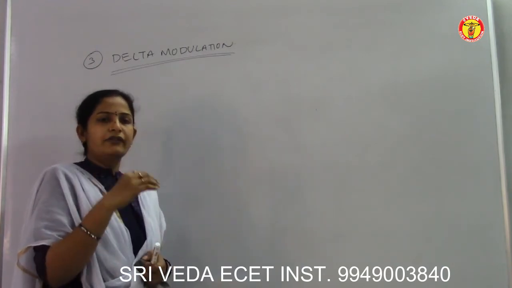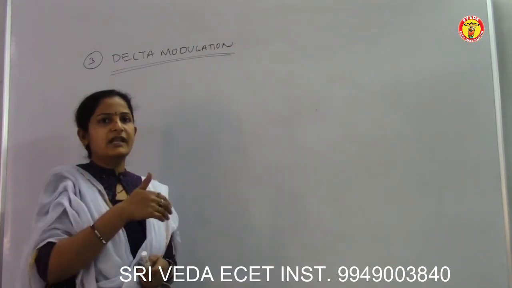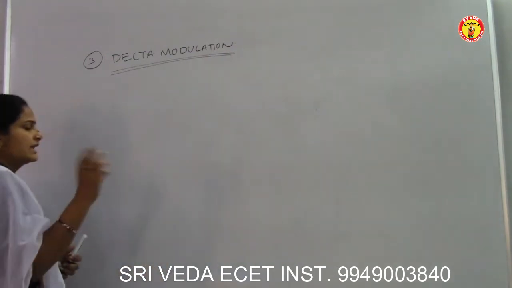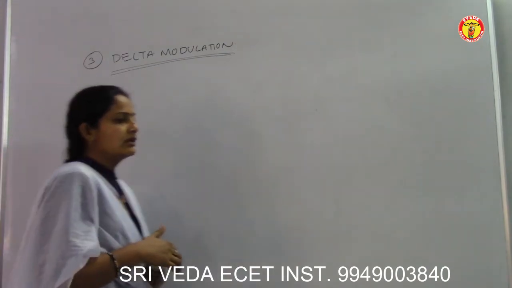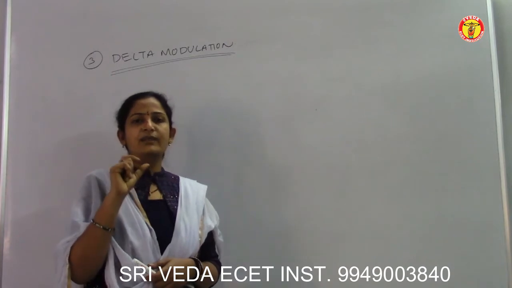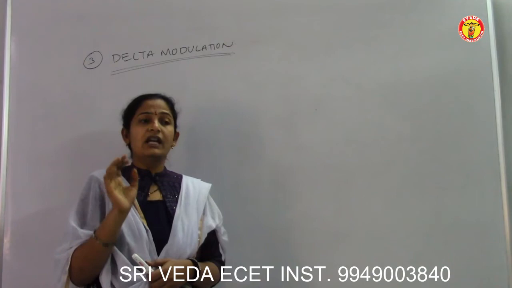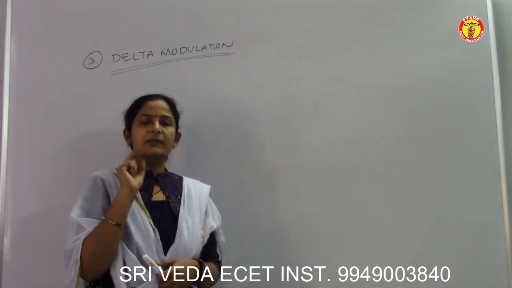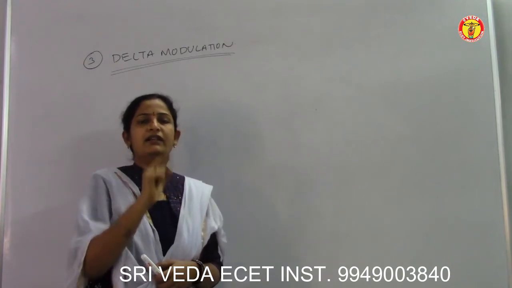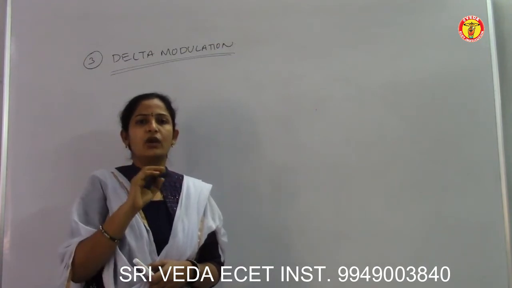If the present sample value is less than the previous sample value, then it will send binary 0. In DPCM and PCM modulation, we have been using some n number of bits to represent each quantized level. But in DM, only one bit is used, either binary bit 1 or binary bit 0, to represent each quantized level.